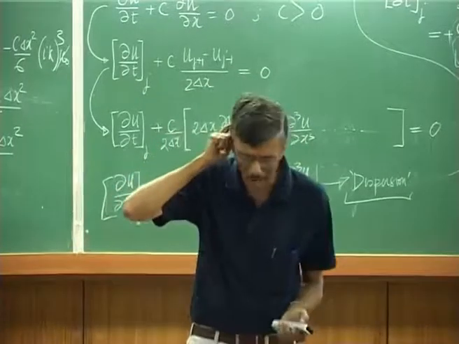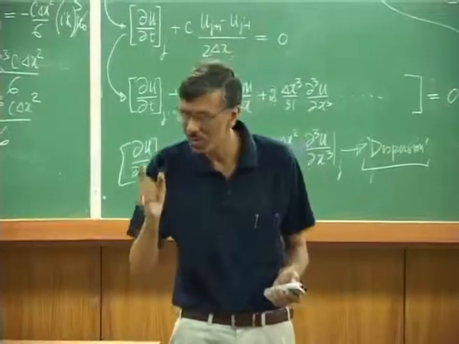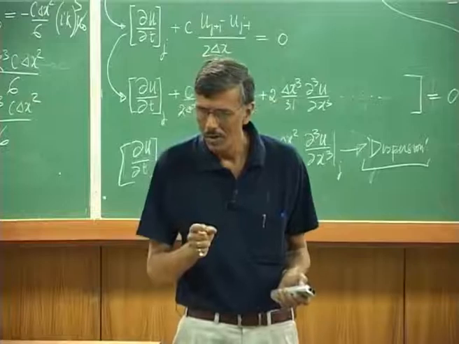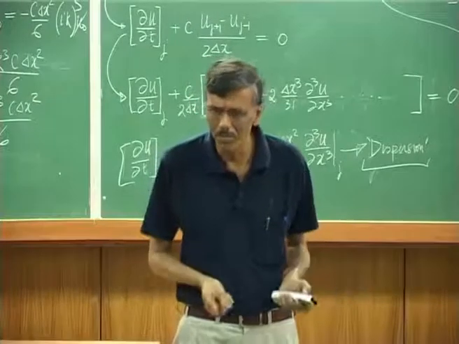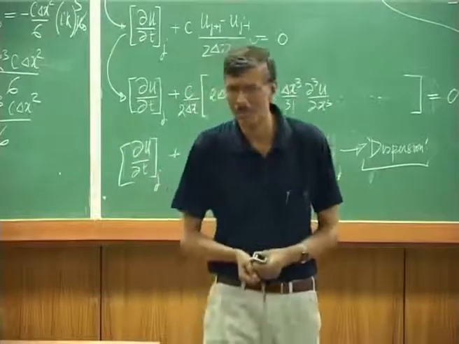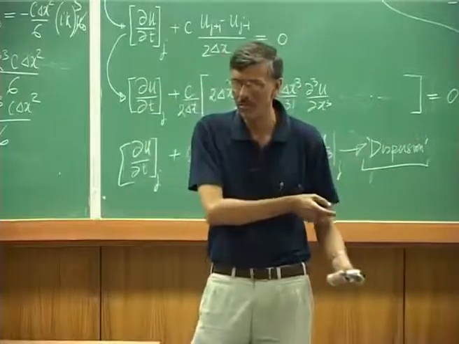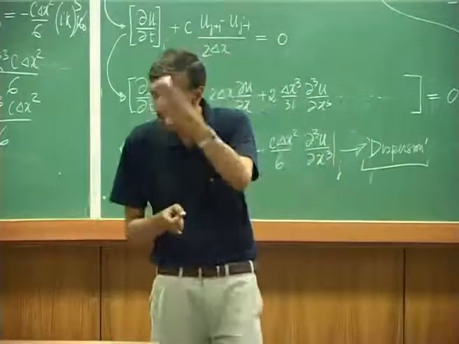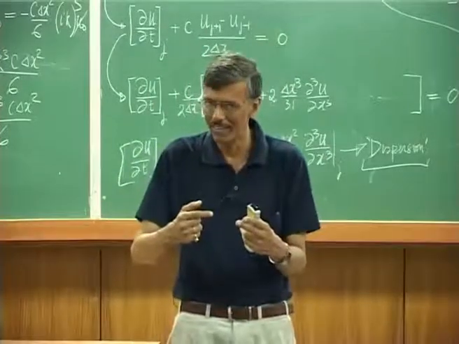Now, you see, this kind of artifice of trying to generate information from one side alone is sometimes unavoidable. Why? Because let us say I am trying to solve a problem in a given domain, then I do not know what is outside the domain. So, if I am looking at a point on the domain, I have to get all the information from inside only.